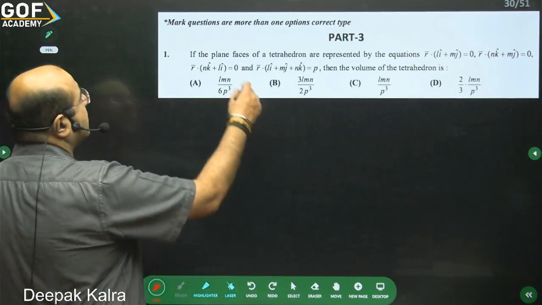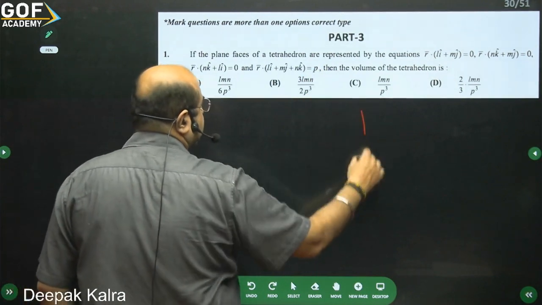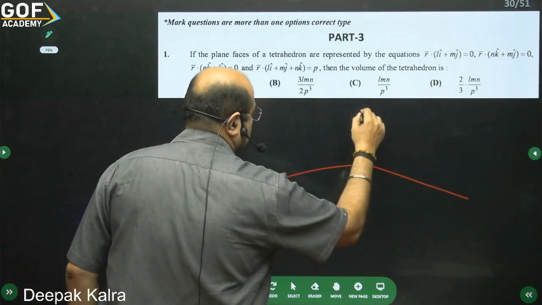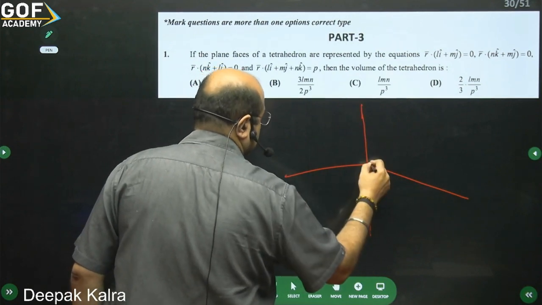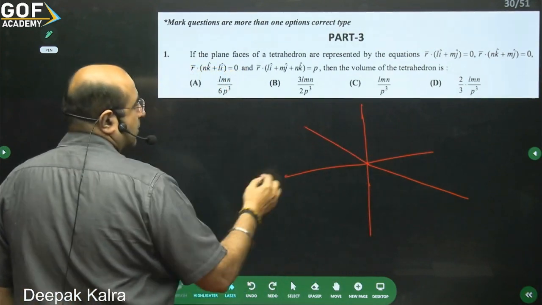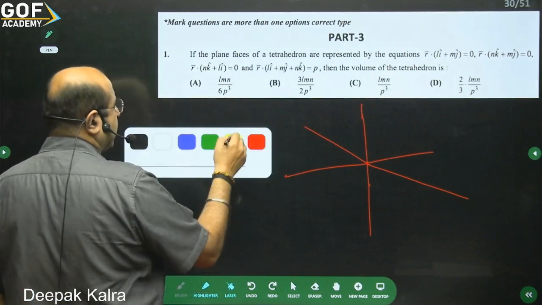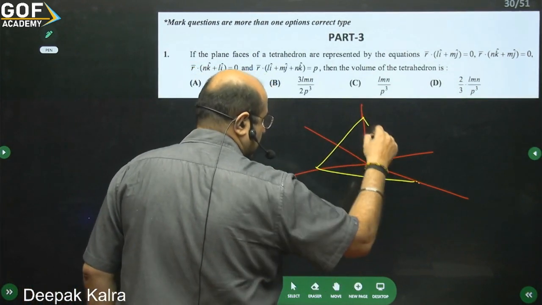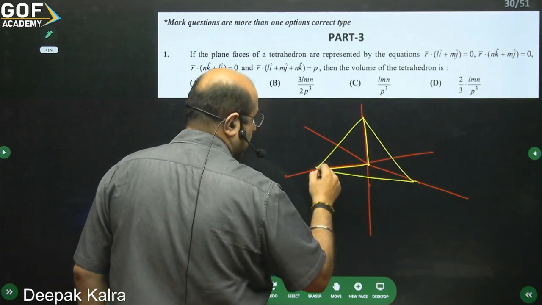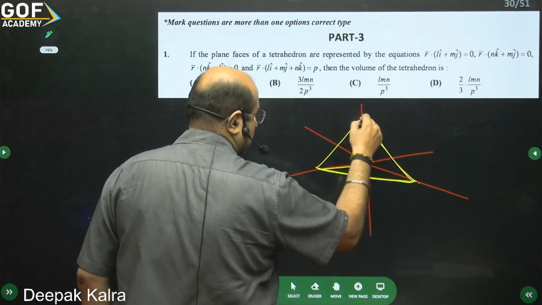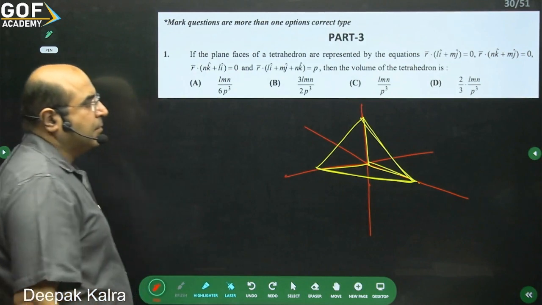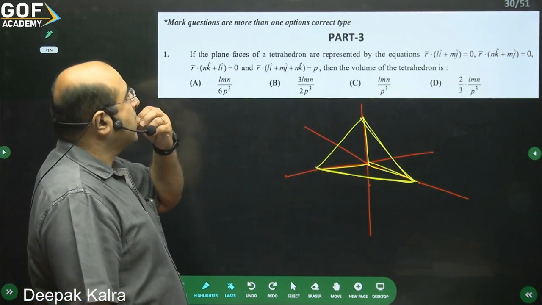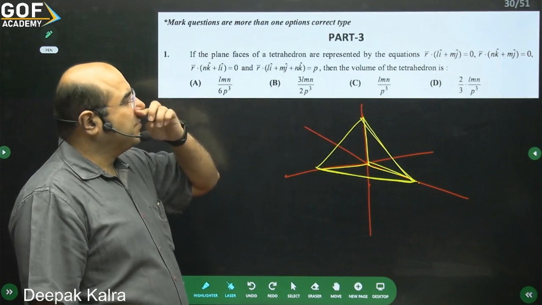So these are the bases of the tetrahedron. The tetrahedron, I just make it. Some tetrahedron is there in front of you. Their plane equations are given. Okay.